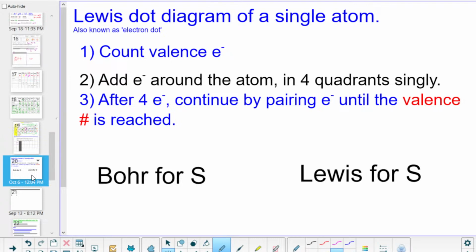How many valence electrons, counting, does oxygen have? 6. Hands up for 5. 6. 7? Because I heard someone say 7. So 1, 2, 3, 4, 5, 6.